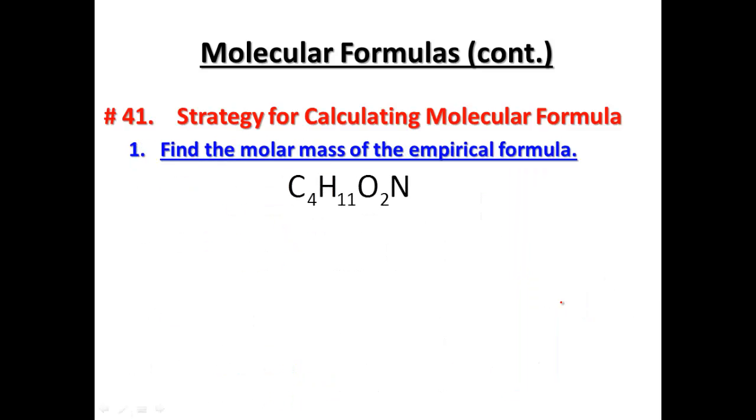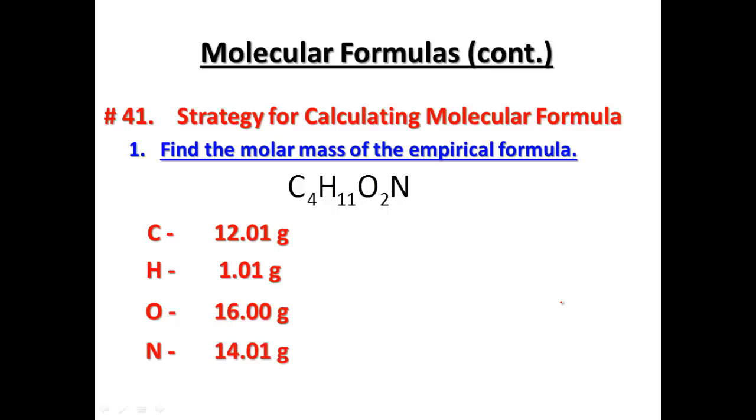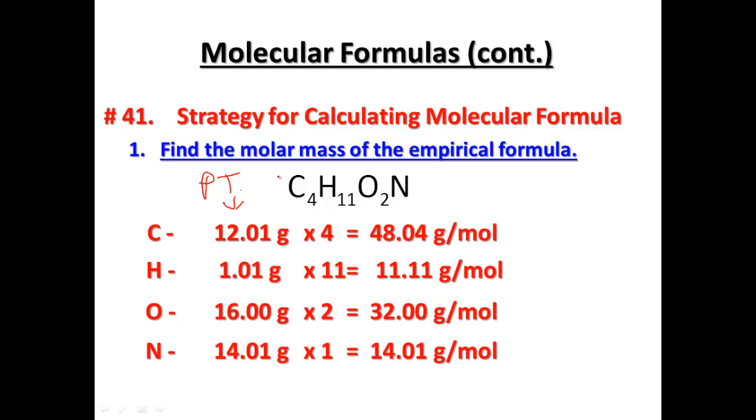So our next step was to find the molar mass of the empirical formula. 4 carbons, 11 hydrogens, 2 oxygens, 1 nitrogen. We need to use our periodic table to find the mass of each one. So as we're going, 48.04 grams per mole from the carbon, down the line.